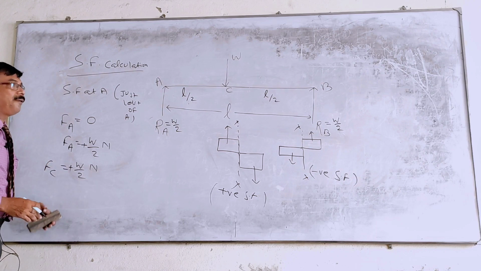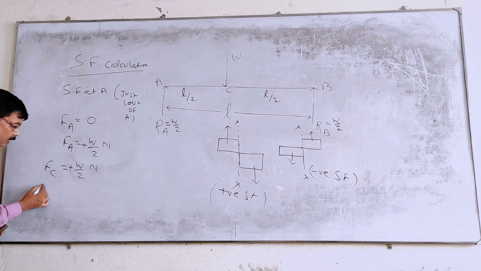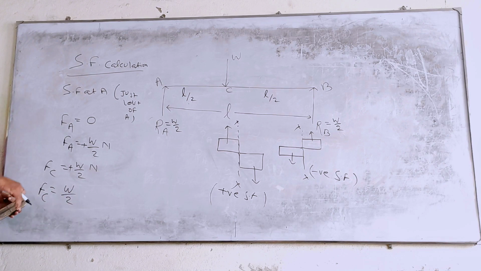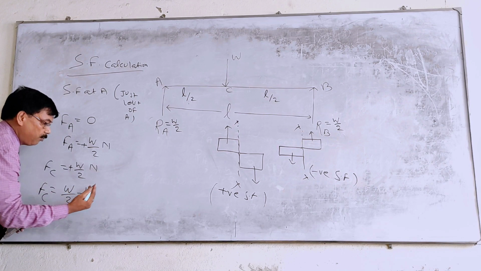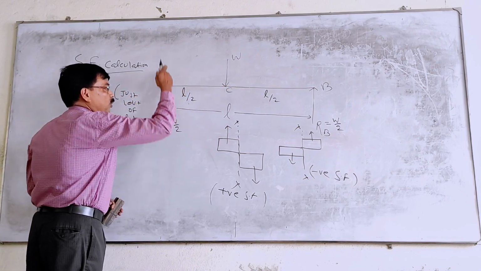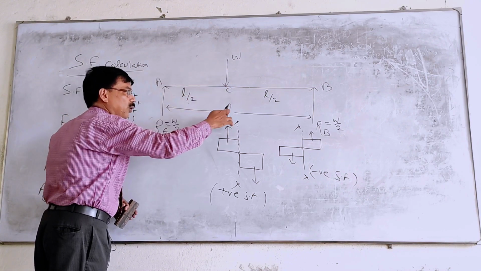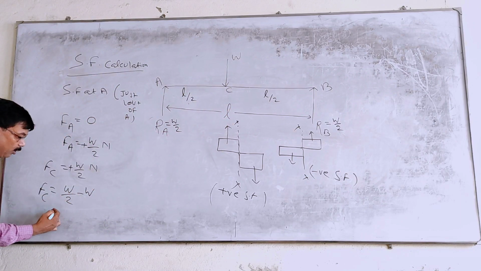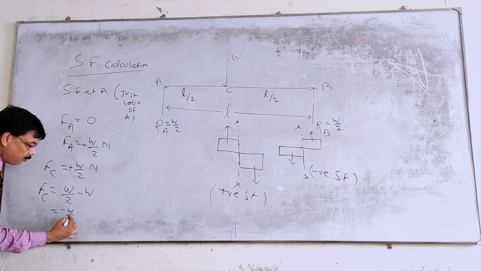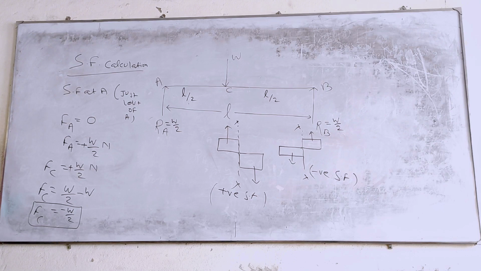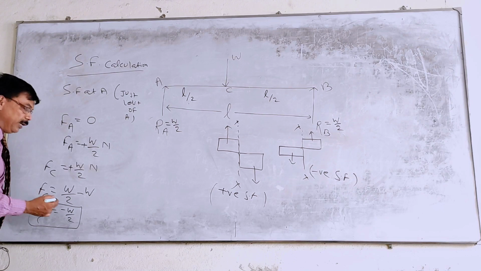So for right of C, W by 2 upward is positive and W downward is negative. So the value will be minus W by 2 Newton for FC, right of C.